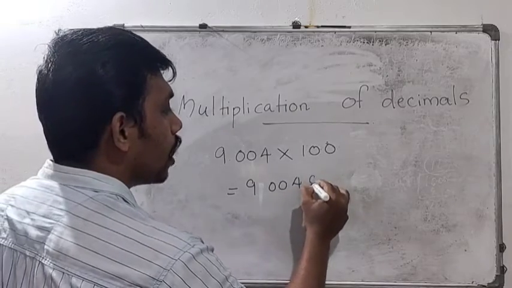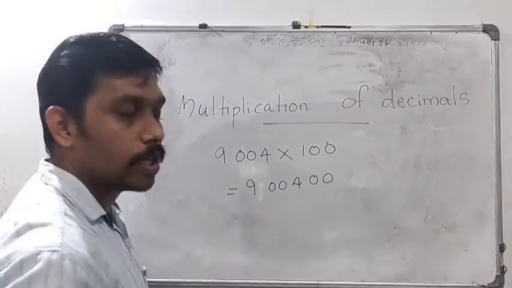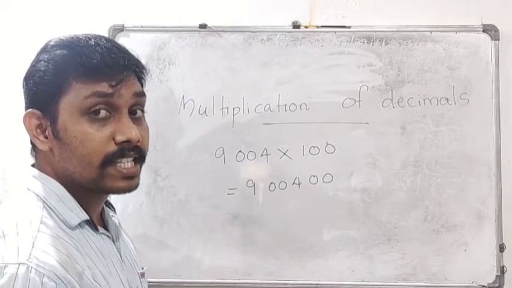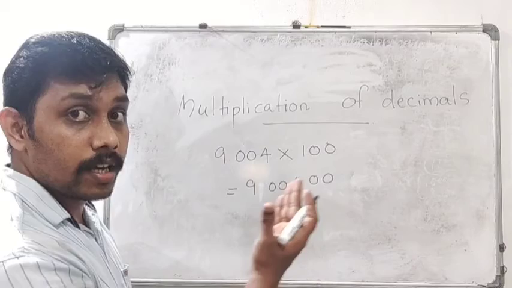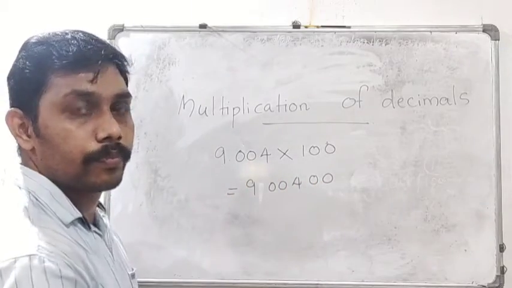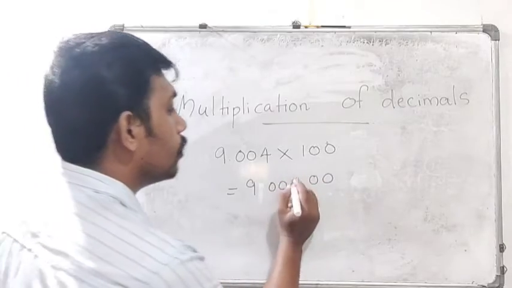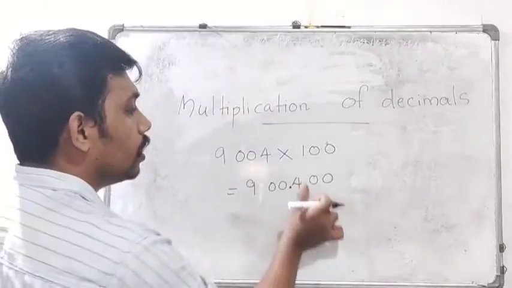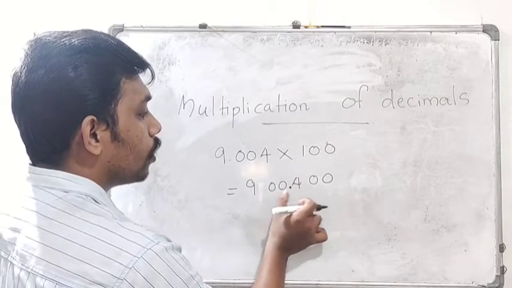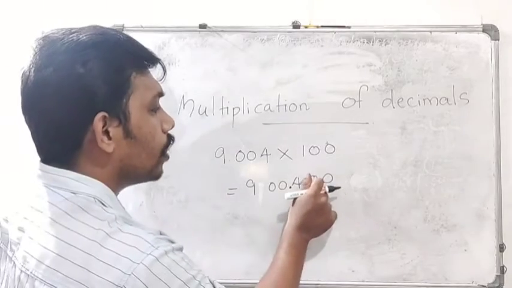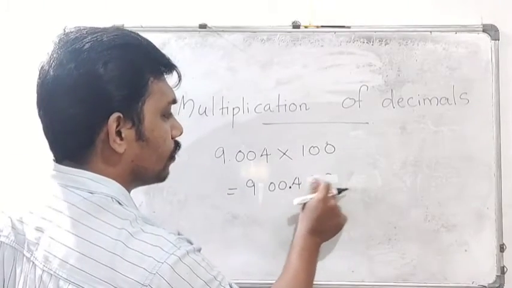How many zeros? 2 zeros. Now we need to shift the decimal by 2 places. Point the decimal here. So the answer is 900.4.